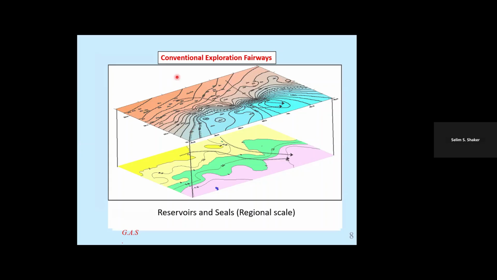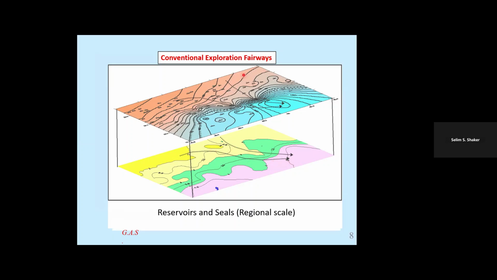The conventional way, which is most likely on a shelf or sedimentary basin, has no salt in it. We study the reservoir, and say, well, here is a good possibility of a reservoir. You've got sand, shale at the bottom here. So this is an avenue for a good reservoir.